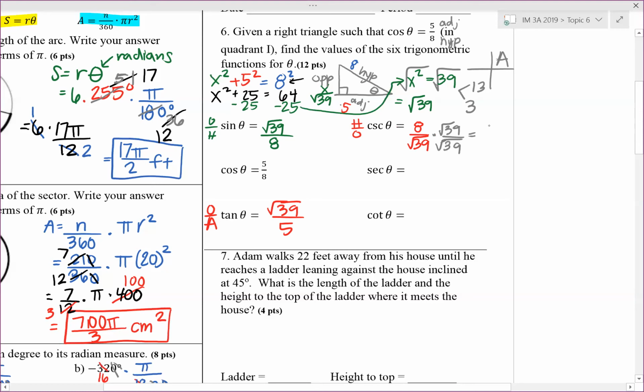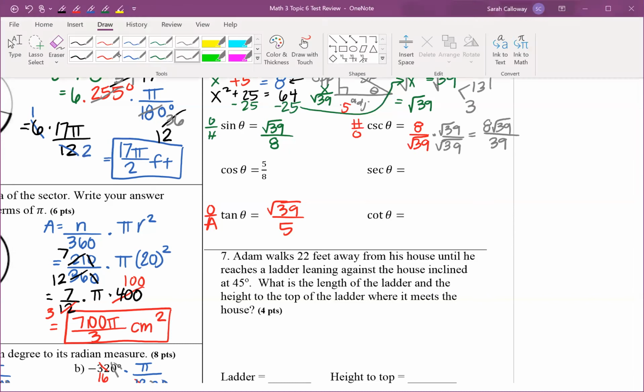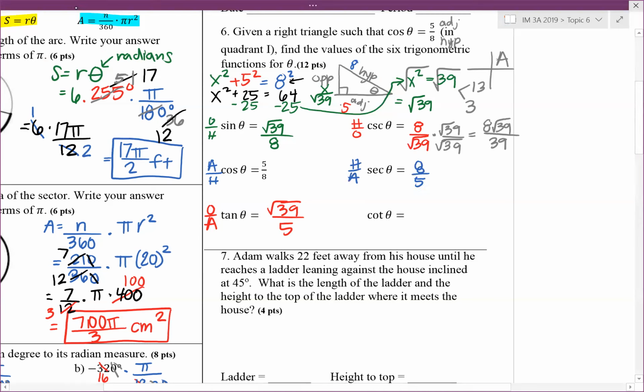So that's going to give us 8 radical 39 over 39. Cosine and secant are the reciprocals. So since cosine was a over h, that means that secant is h over a. And so it's going to just be 8 over 5. And again, I'm just flipping the answer to the left of it.